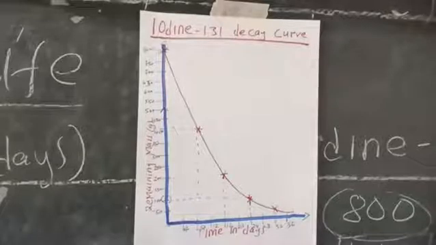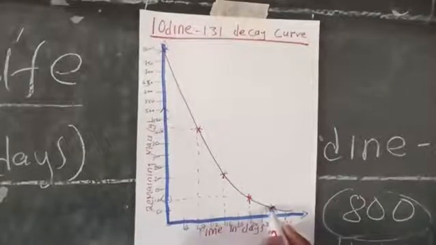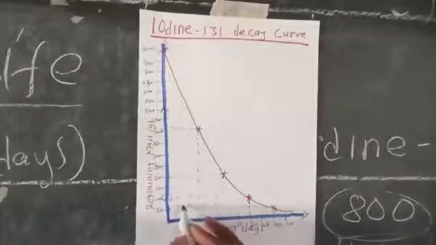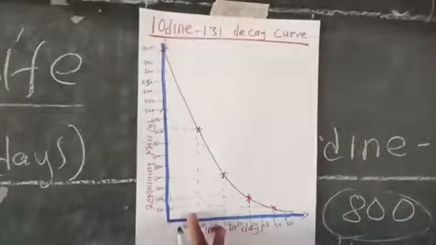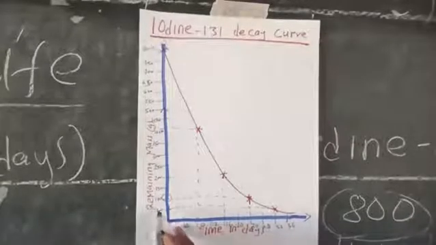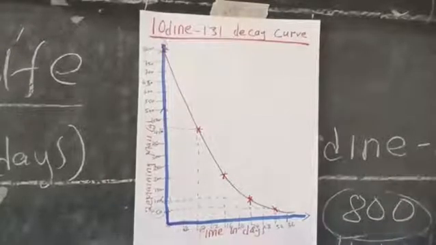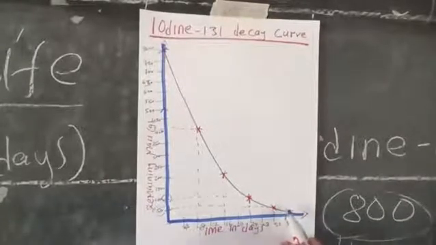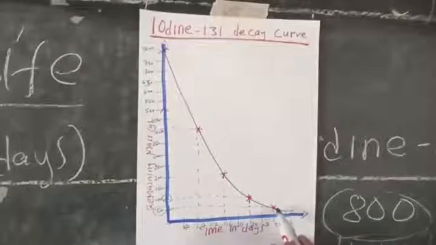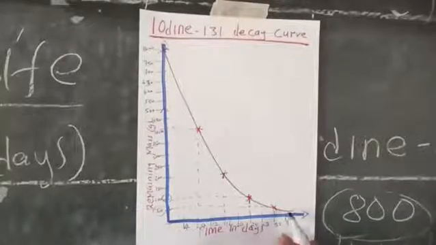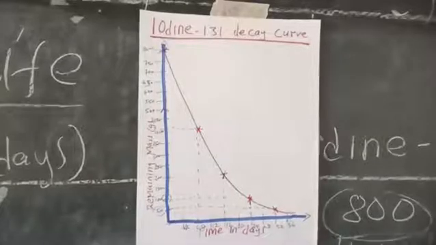And then if you move to 32 days, you note that the amount that is remaining is 50 grams. You should be able to note that our graph does not go to 0. That means that the remaining amount can never go to 0. It should not get to this axis.